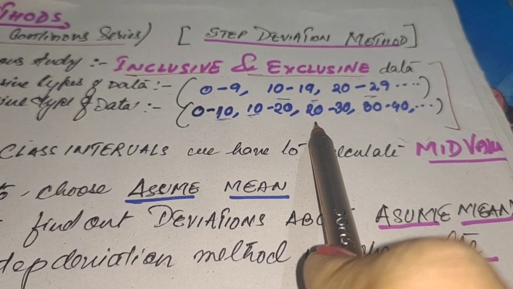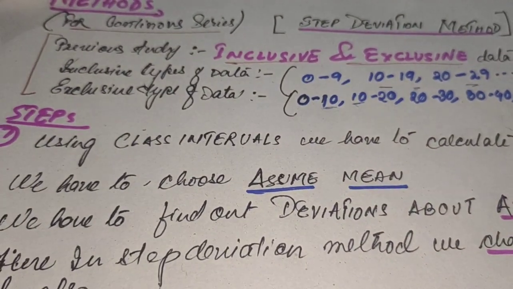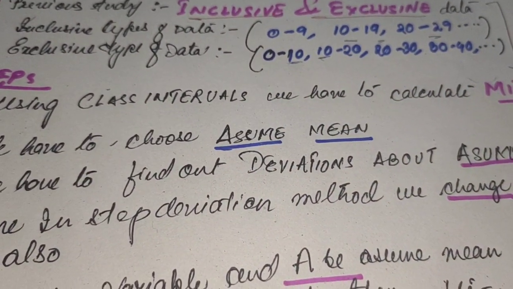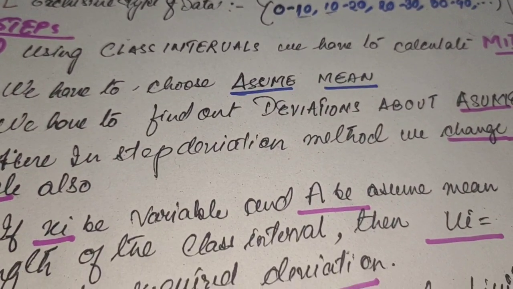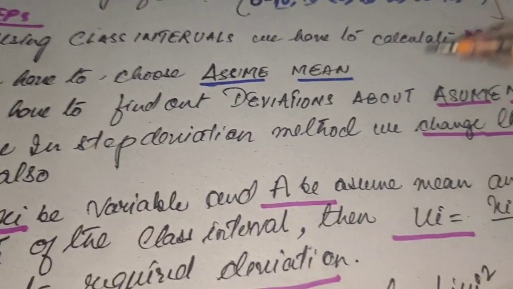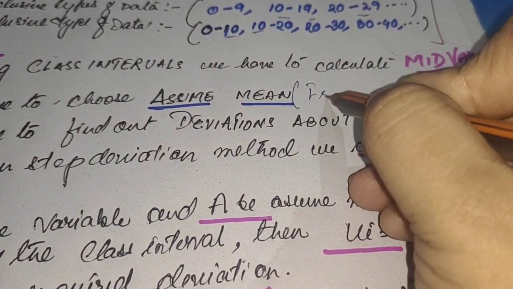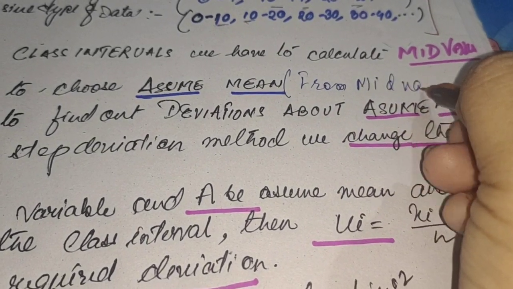For this one it will be 25 and so on. Now, stepwise, using class intervals we find the mid value. Then we have to choose the assumed mean. From the mid values we get, we have to choose the assumed mean.